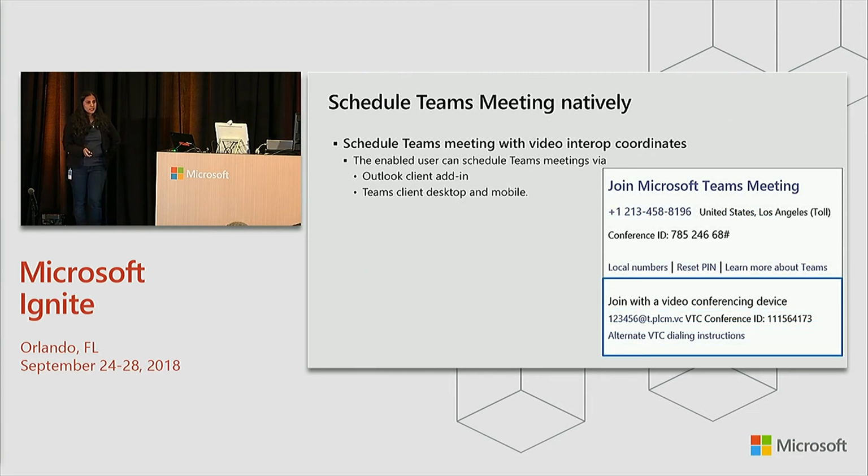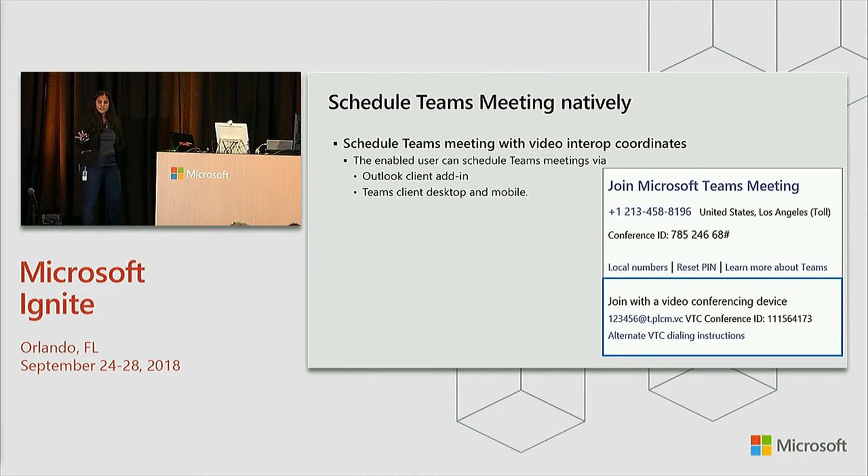Scheduling meetings natively. So after all the steps, now I am the end user. What do I have to do to make this show up in my Outlook client? Basically, all I do is go to my Outlook Teams add-in or any of my Teams clients and just say schedule. I can do it via my desktop or my mobile today.